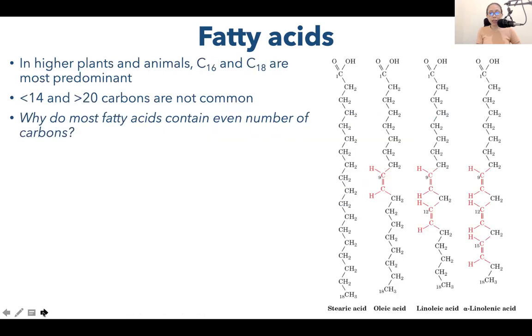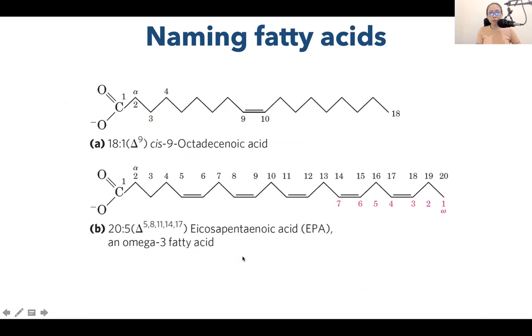So this is actually a system for us to identify your fatty acids. So yung first number, it tells you the number of carbon atoms. And then, the second number tells you the number of double bonds. So pag nakita nyo, 18:0, ibig sabihin saturated fatty acid siya.